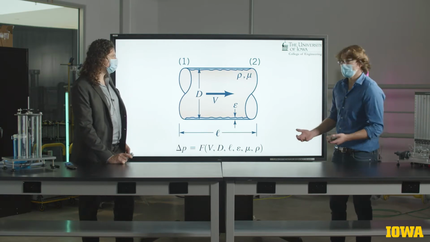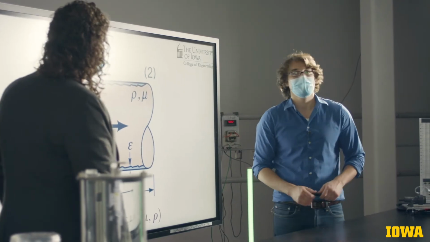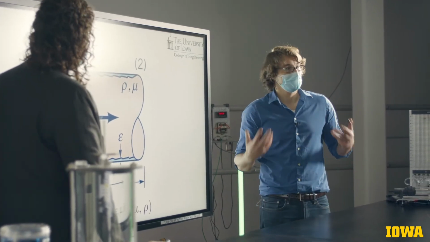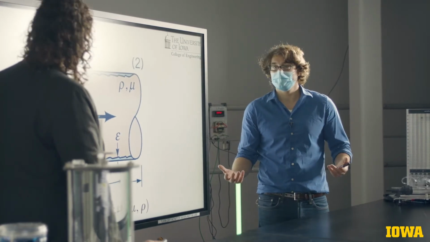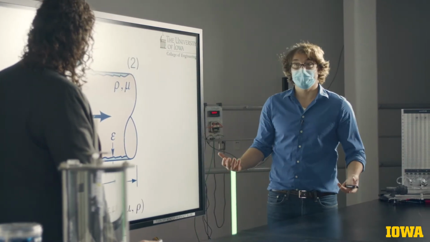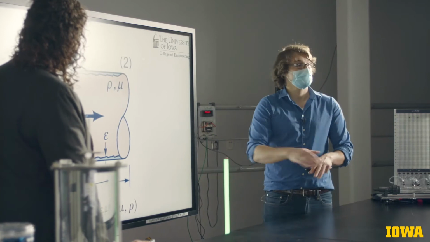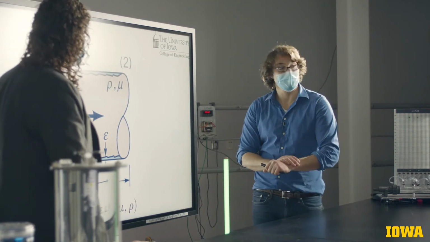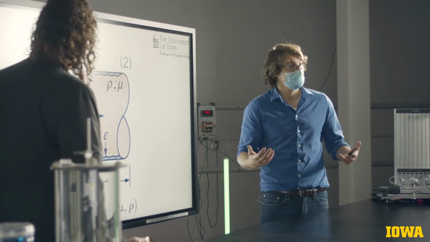Right. It makes sense intuitively that pipes that are rougher are going to experience more energy loss. It's one of the reasons that high-performance vehicles have very smooth and high-finish or high-gloss surfaces, to minimize friction.